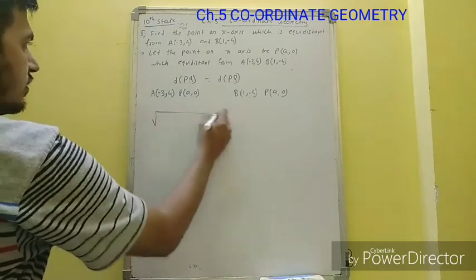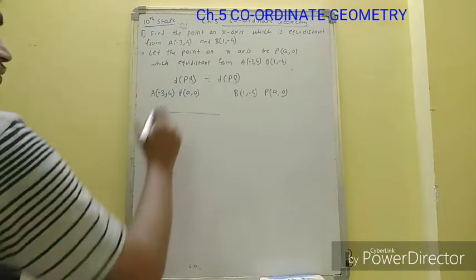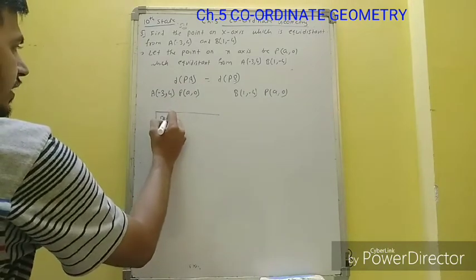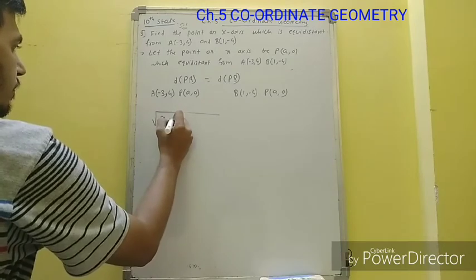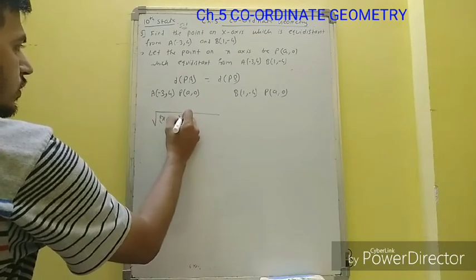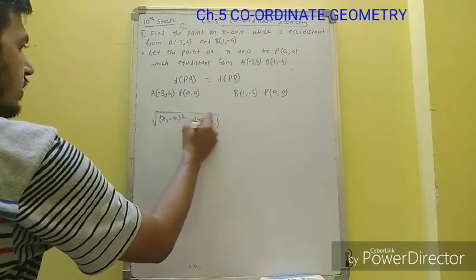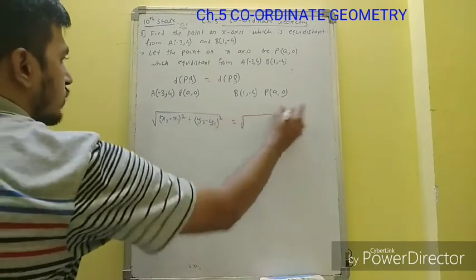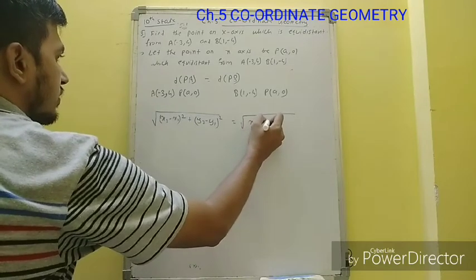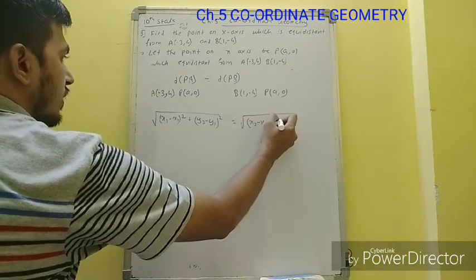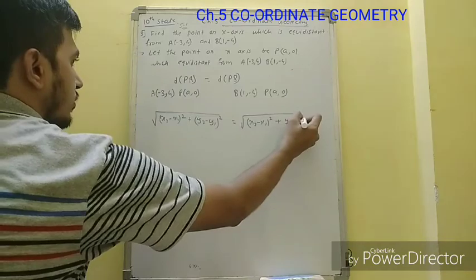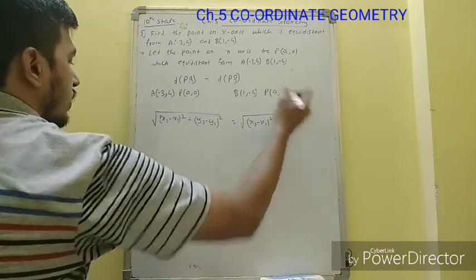To find the distance, we use the formula, square root of (x2 minus x1) the whole square plus (y2 minus y1) the whole square.